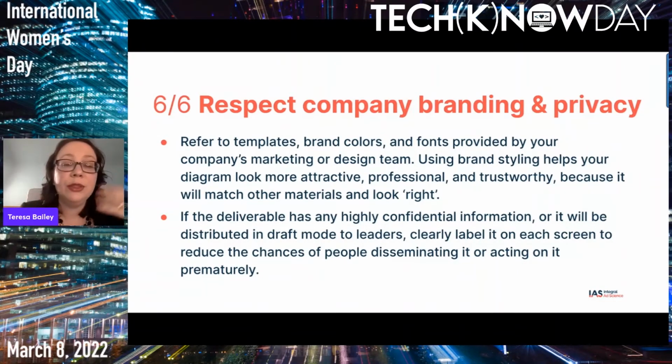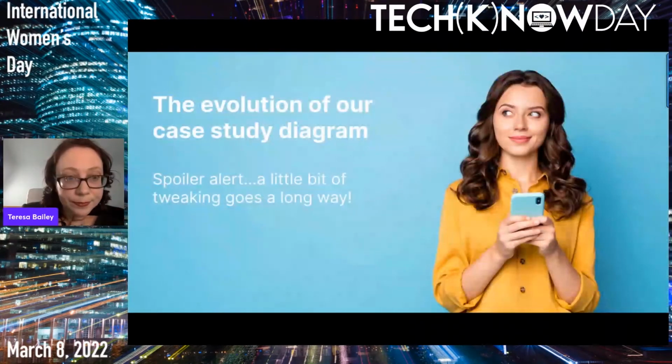You have to go three, four, five versions to get it right, maybe even more. And so you really don't want these draft versions floating around. Label it as draft, label it as confidential or what have you until it's more final, so people don't start building it, acting on it, making decisions on it while it's still actively in flux and not figured out yet.